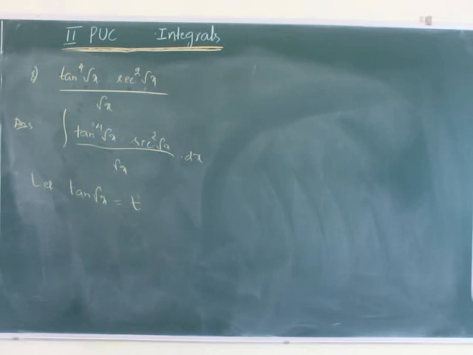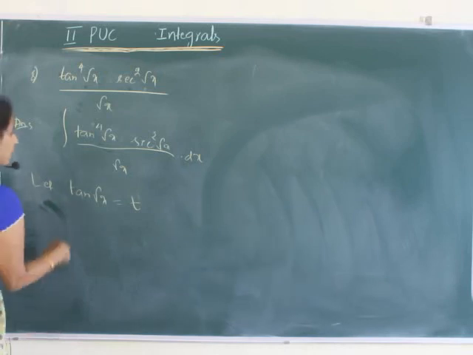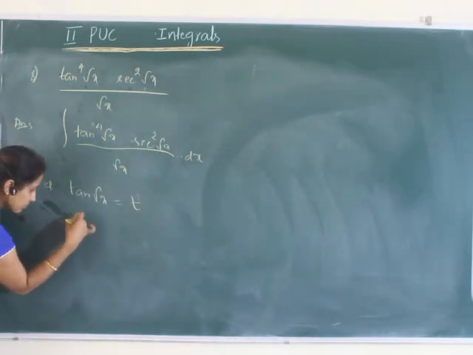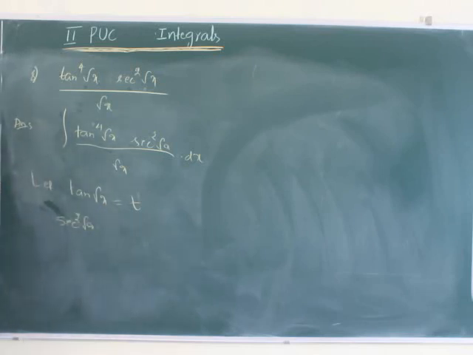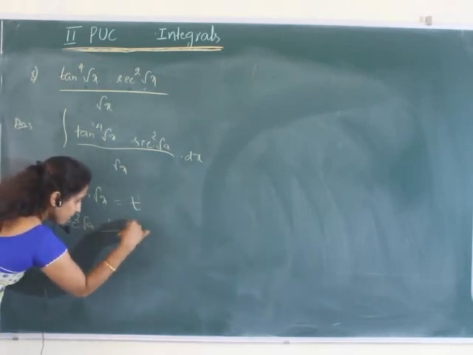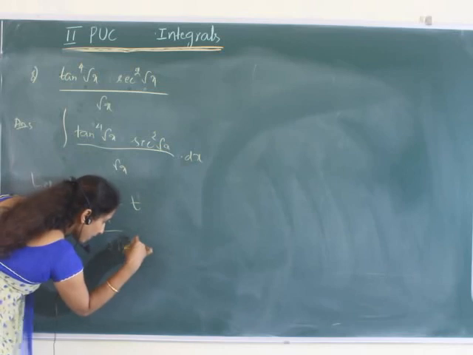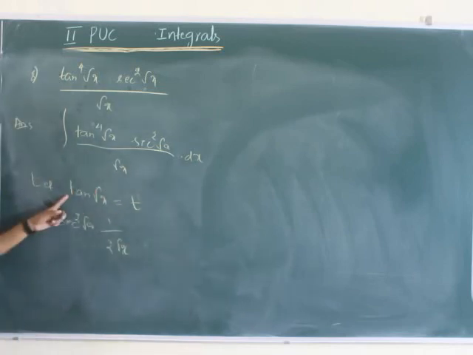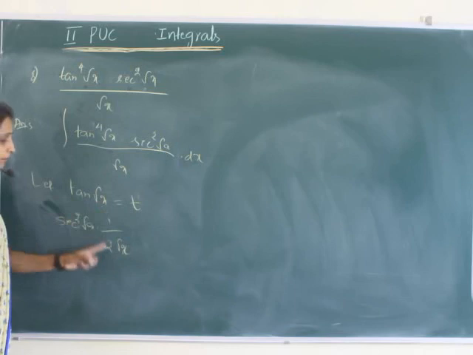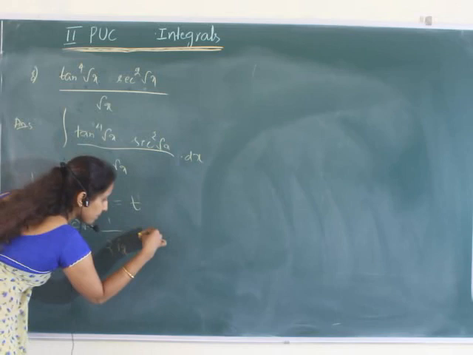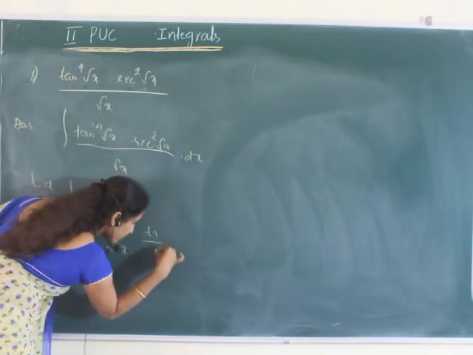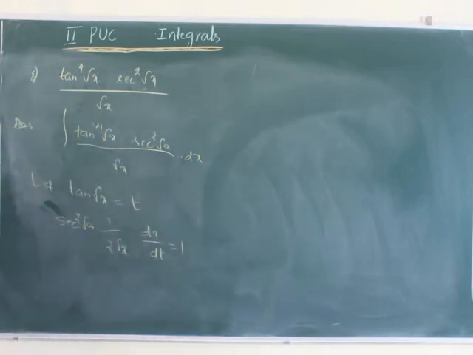So what is the derivative of tan √x with respect to t? We have to find out. The derivative of tan √x will be secant square √x into the derivative of √x, which is 1 by 2√x. With respect to t we are finding dx by dt, which is equal to 1.